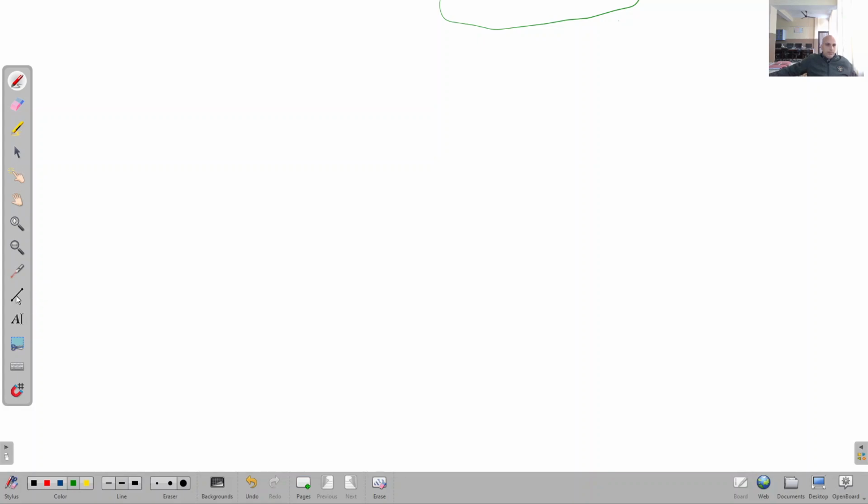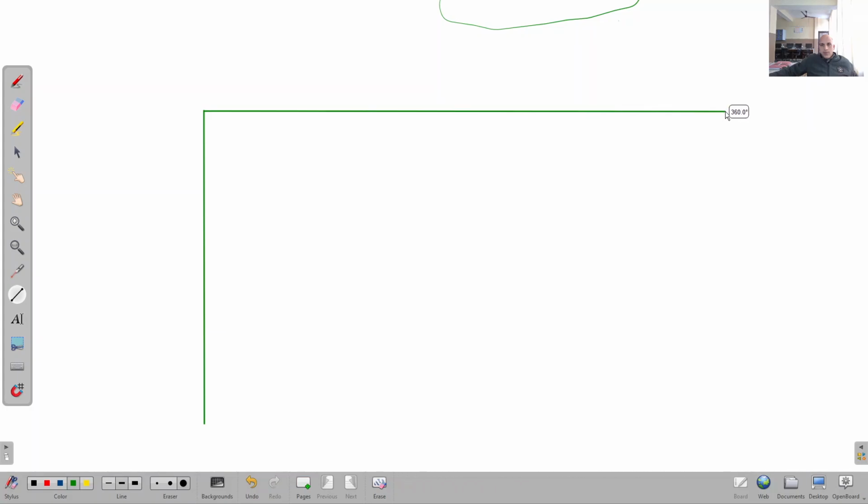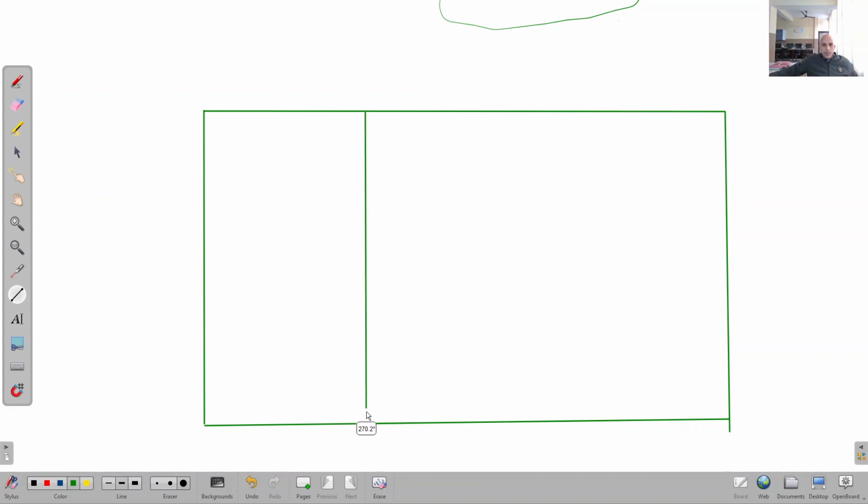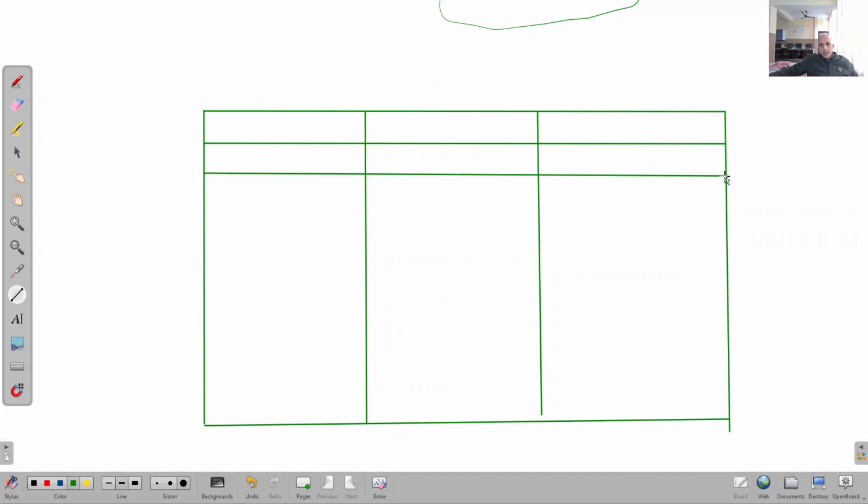So if I take 3 compartments, this is compartment number 1, this is compartment number 2, and this is compartment number 3, right? So we have 3 compartments. These are different possibilities that we can have here.